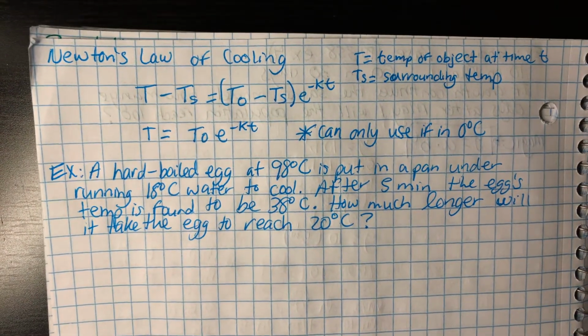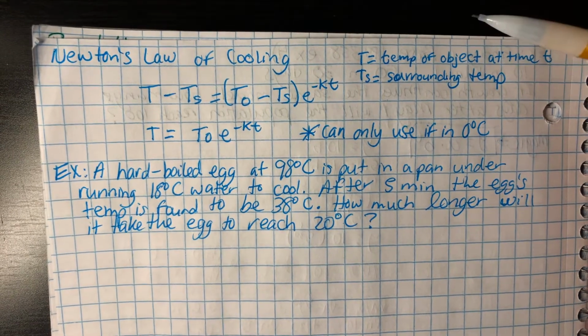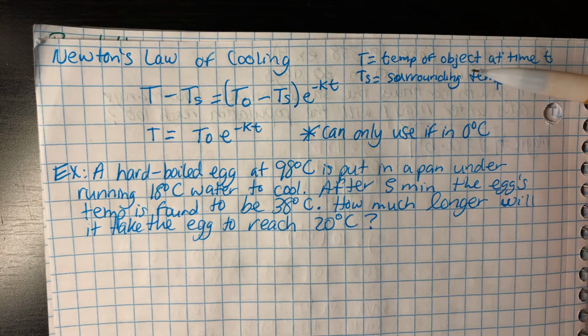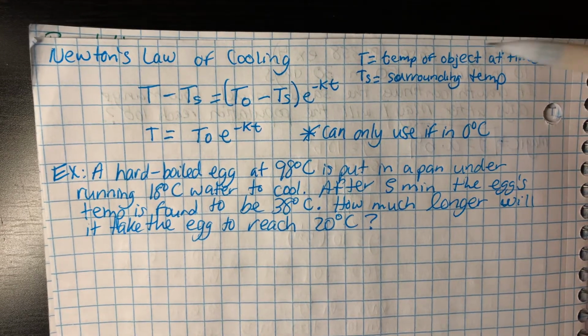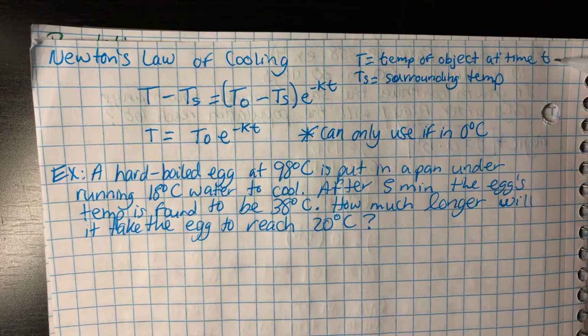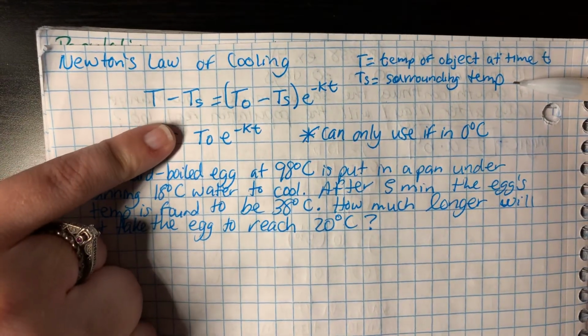Newton's law of cooling talks about how long it's going to take something to cool down. Okay, T is the temperature of the object at time t, and Ts is the surrounding temperature.